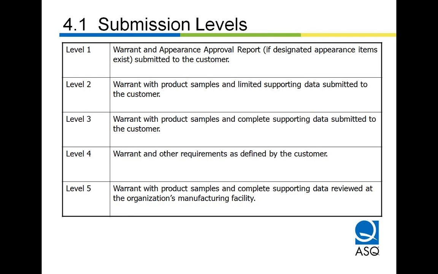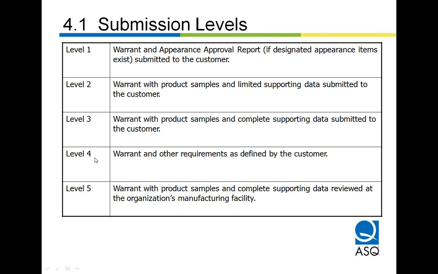Level 5: what Level 5 does that the other 4 levels don't do is state that the supporting data is going to be reviewed at the organization's manufacturing facility. The implication there is that the customer is on site to watch the PPAP significant production run.